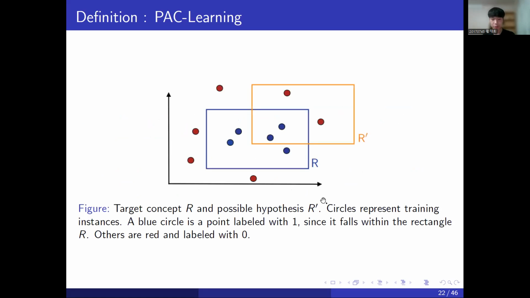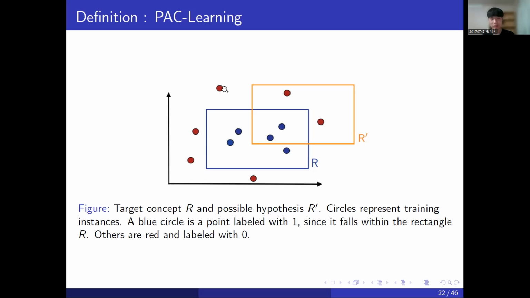These figures show the situation of this problem. Suppose that this blue rectangle is the target concept. I said that the target concept is the concept that we wish to learn, so this is kind of the answer. Circles represent training instances.